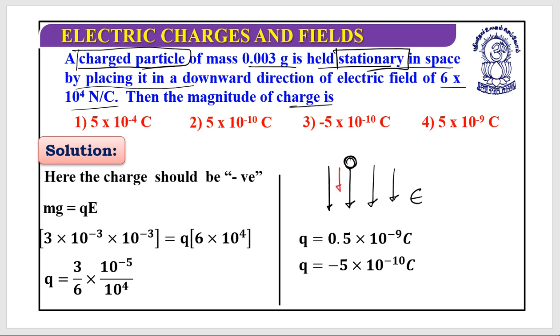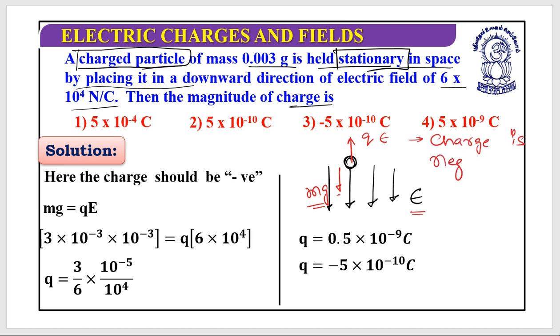The first force that must be acting is mg. Now if I need to balance mg with qE, then I must apply a qE upward here. But they have said that the electric field is in downward direction. This could only be the option if the charge is of negative polarity.